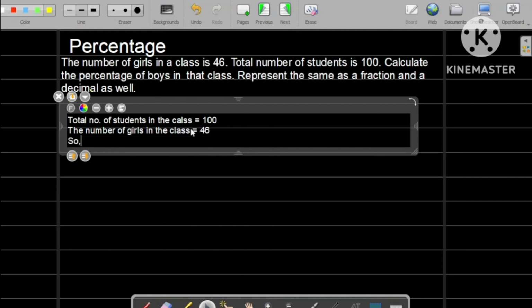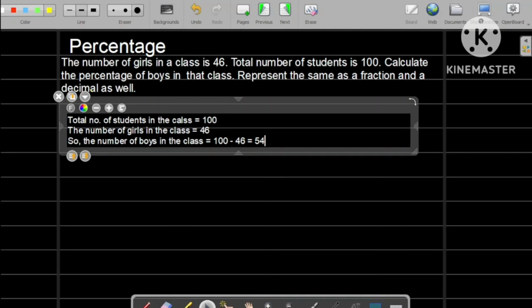So the number of boys in the class is equal to, how much will it be? Total number of students minus the number of girls, that is 100 minus 46, we will be having 54. So now we have got the total number of boys in the class.